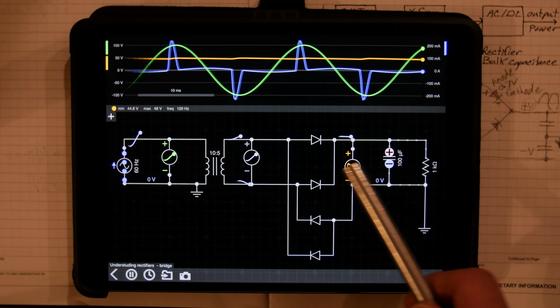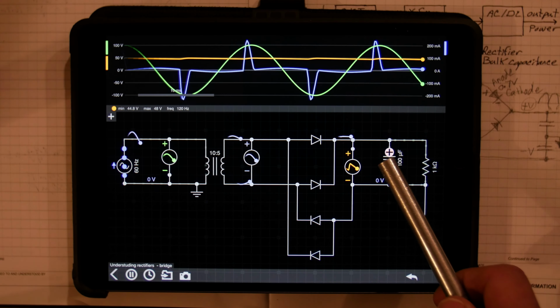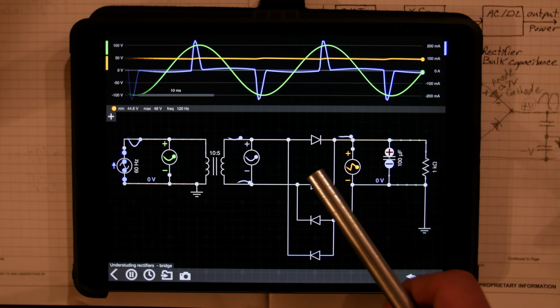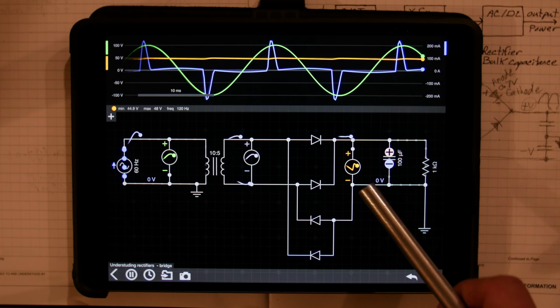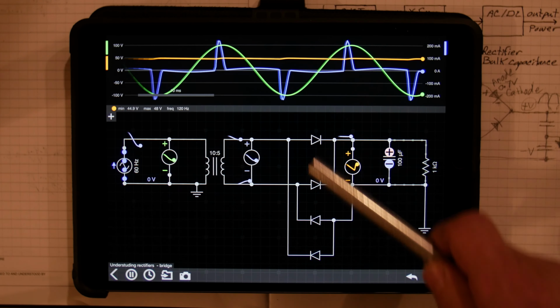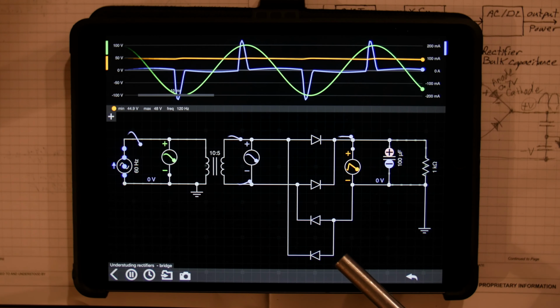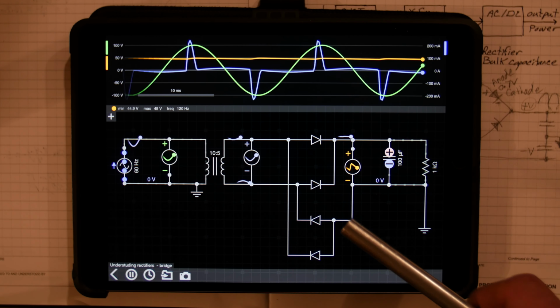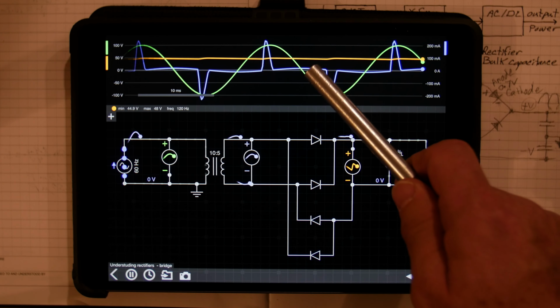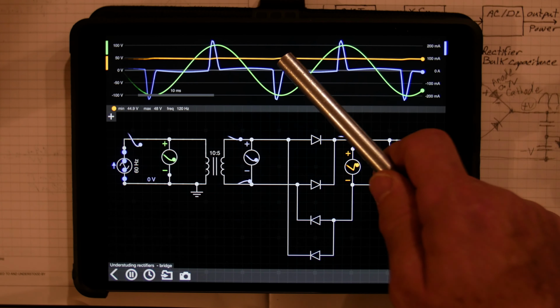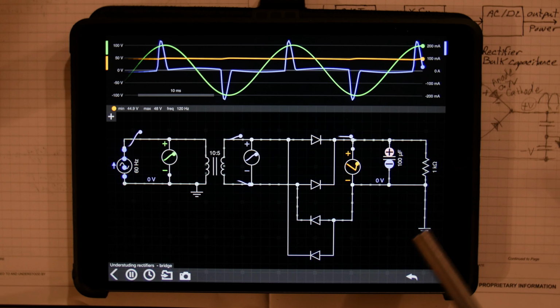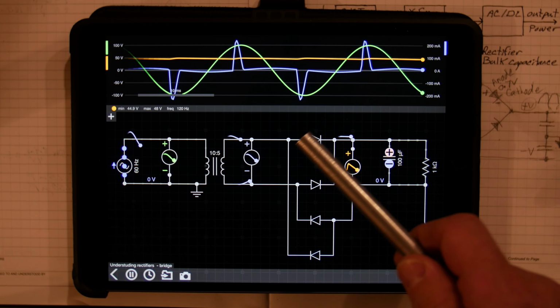I hope you can see how the capacitor and all these things affect each other. Going to a full bridge is definitely worthwhile, even though we get an extra diode drop. We get 1 diode drop, but we get a much smoother output. We get charge pulses every half cycle, every 8.3 milliseconds.